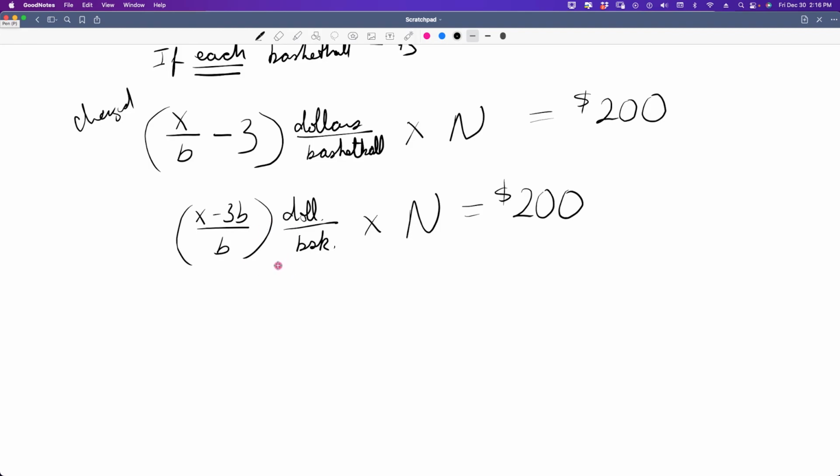We know when we have a factor times a variable that we can divide by the one we know to solve for the one we don't know. So I'm going to divide both sides by this, and that is going to look like this. 200, I'm going to change this to say dollars, just so it'll help me with my cancellation, so that it all looks alike. That's really all it is.